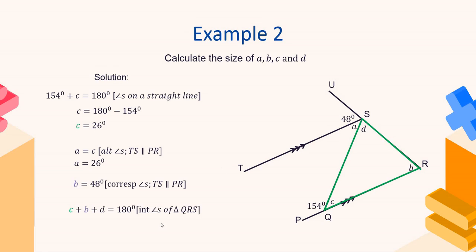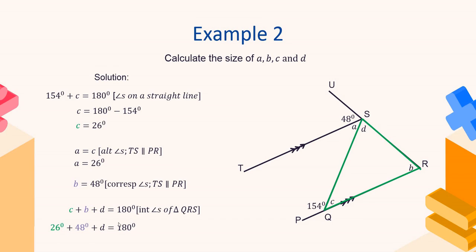So if we use this fact, then we can solve for D because we have already found the size of angle C and angle B. So let us substitute it in. 26 degrees plus 48 degrees plus D is equal to 180 degrees.